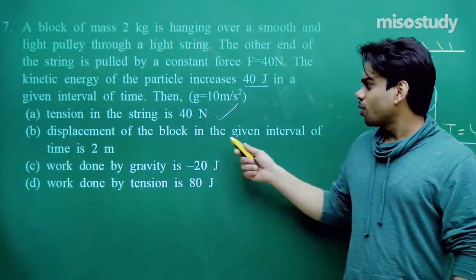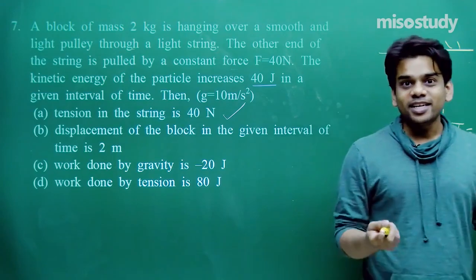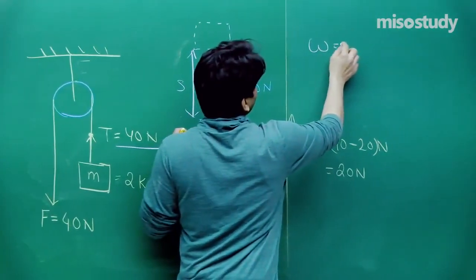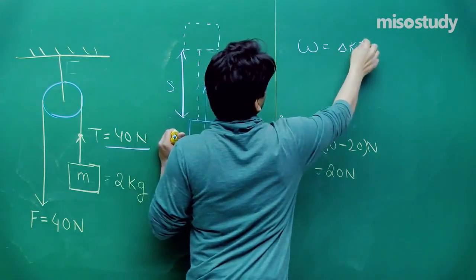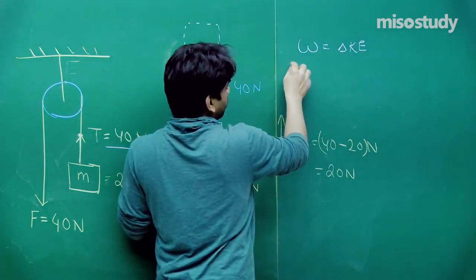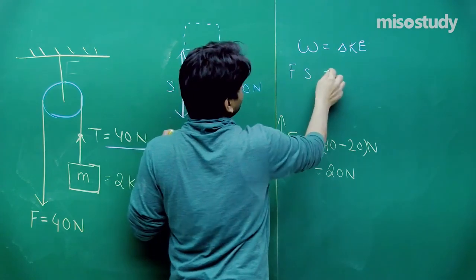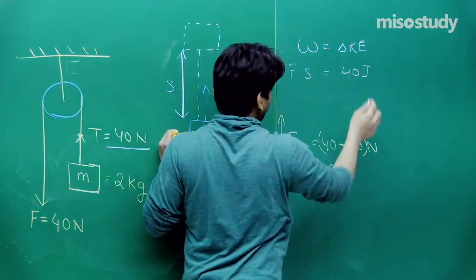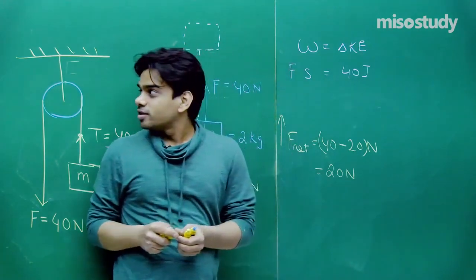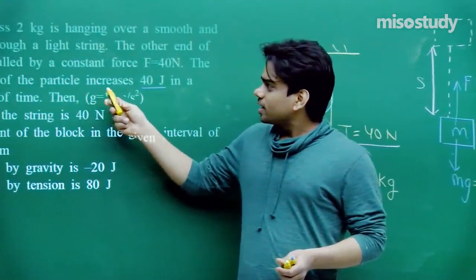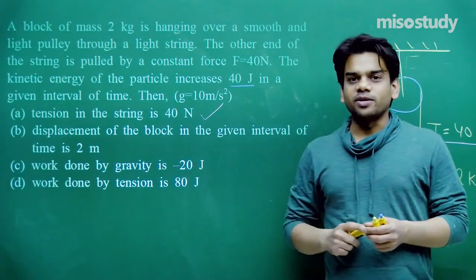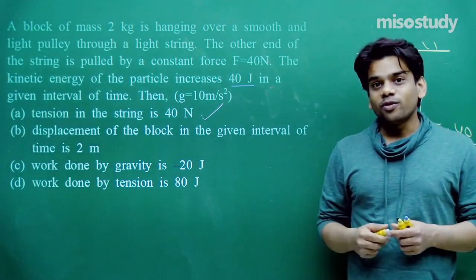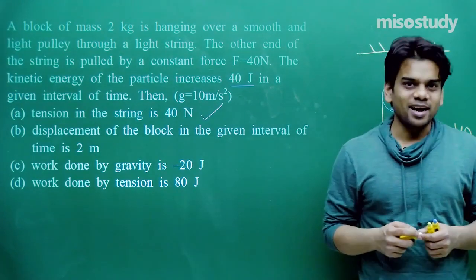Option B, displacement of the block in the given interval of time is 2 meter. Let's check. We know that work done by net force will be equal to change in kinetic energy, that is equal to force into displacement, equal to its energy increase of 40 joule. You see here, the kinetic energy of the particle increases 40 joule in a given interval of time. The kinetic energy increases because net work done by all the forces is equal to the increase in kinetic energy.